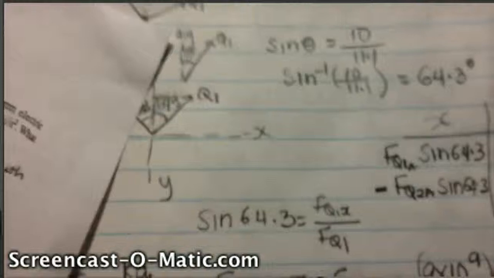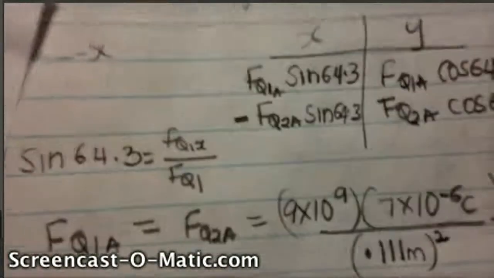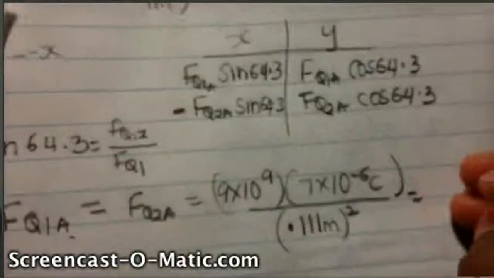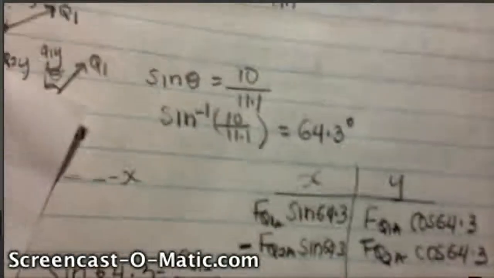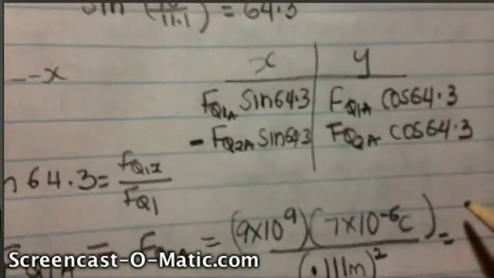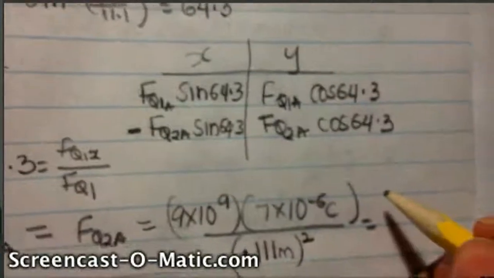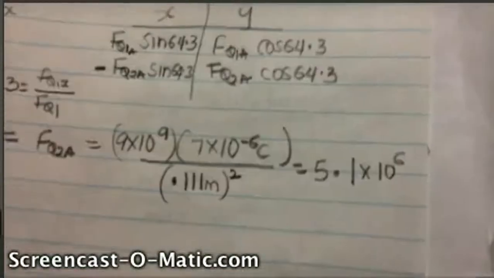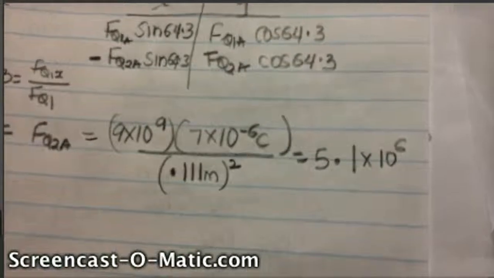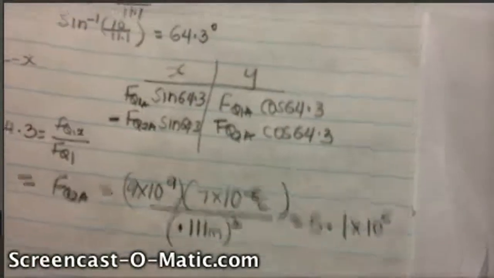When you do that calculation, we get 5.1 times 10 to the 6th Newton per coulomb.